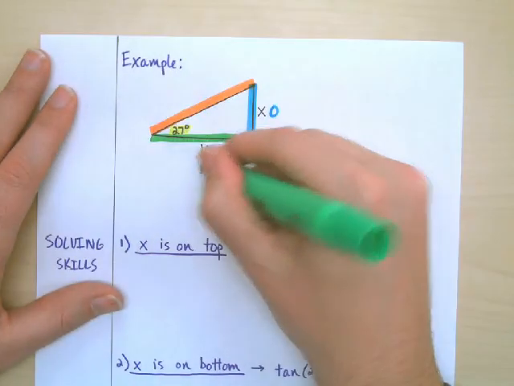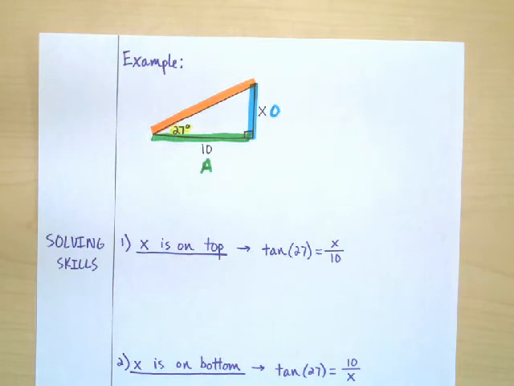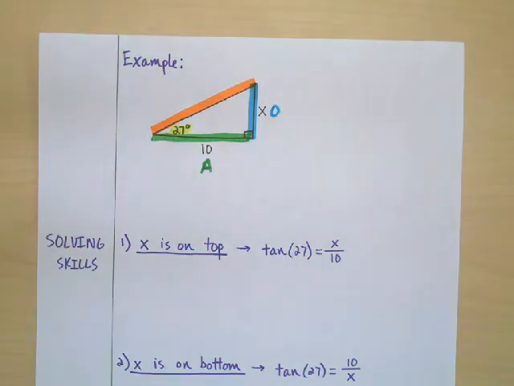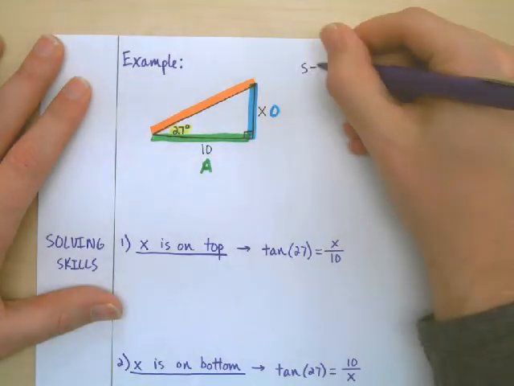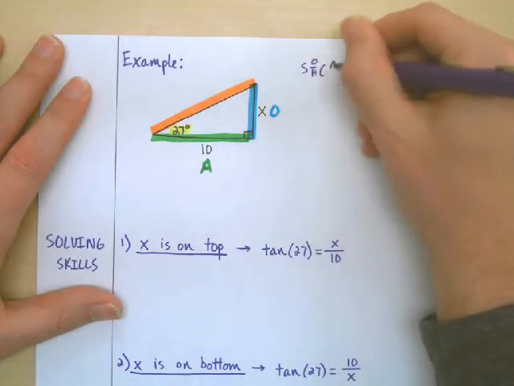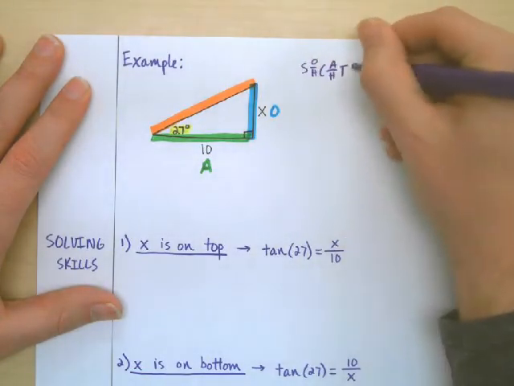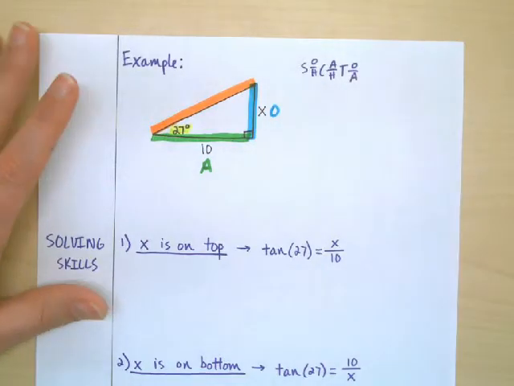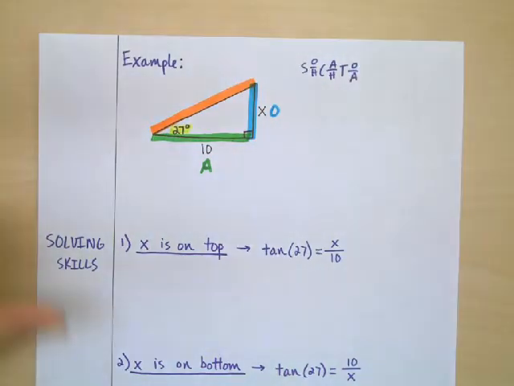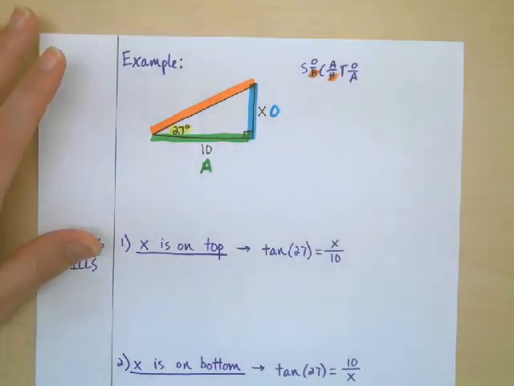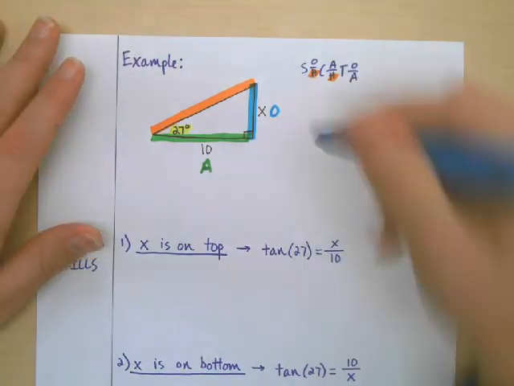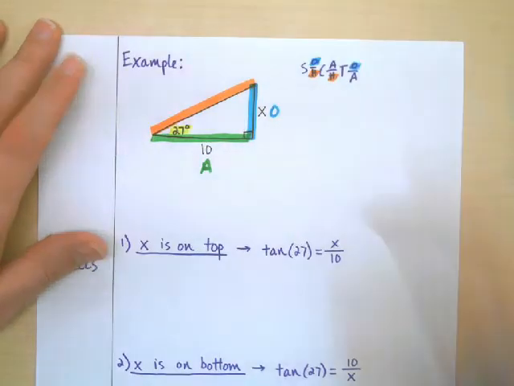There is a value, so I write the A. Now I'm going to write Sohcahtoa. And maybe you can see why I didn't write the H. I didn't write the H because I want you to focus on O and A for this problem.